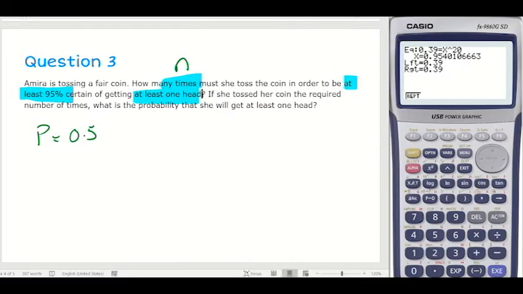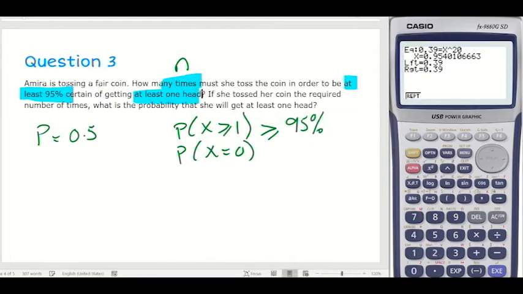So that tells me the probability of getting at least one head, we want that to be at least 95%. Okay, so I need to do the reverse, work out the probability of 0, and we want the probability of 0 to be less than 5%. So I can do the simplified version of the formula.